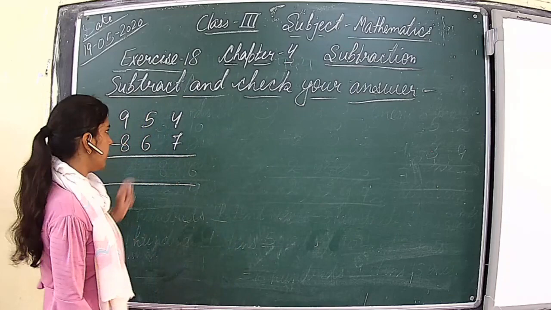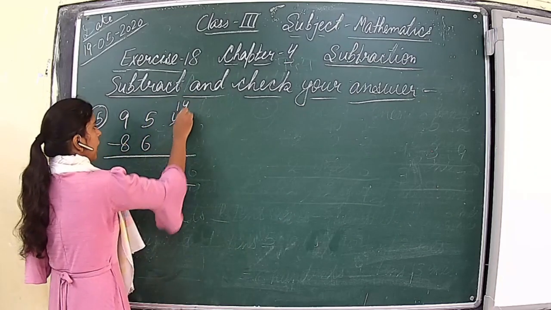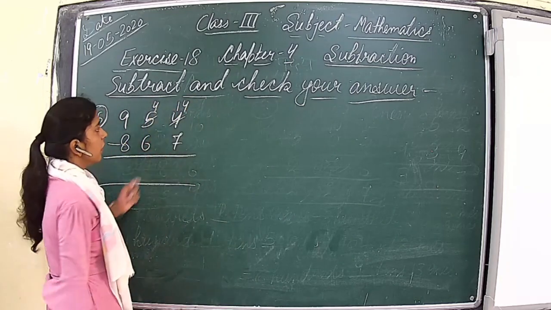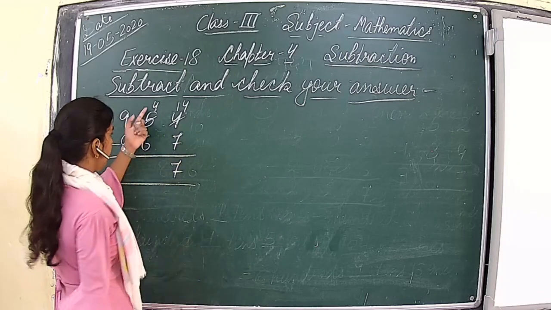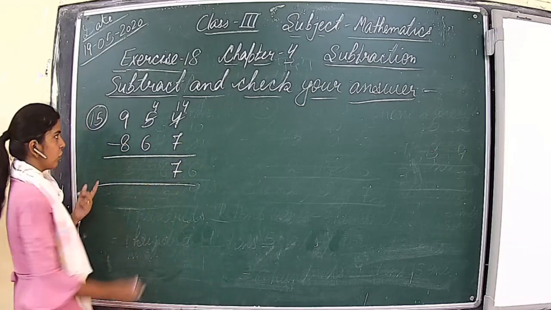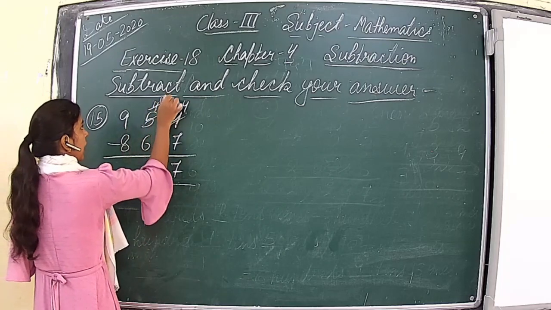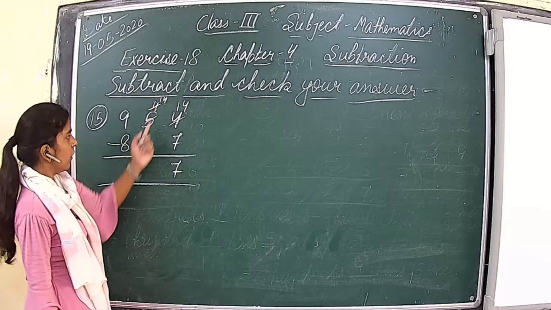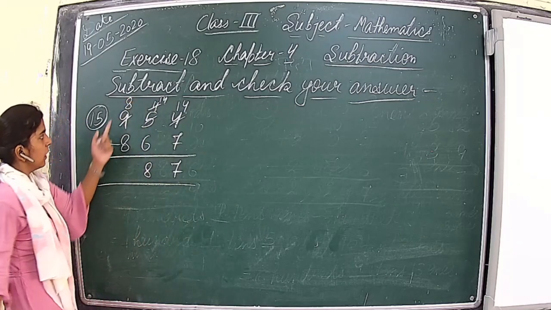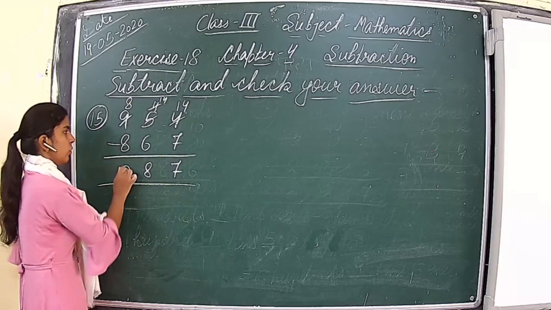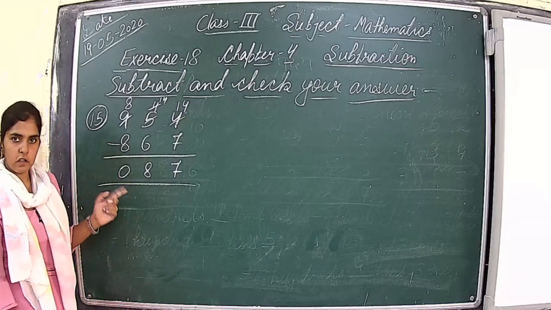So we will take one borrow and it will become 14 and this 5 will become 4. 14 minus 7 is equal to 7. 4 minus 6 is not possible, so it will take a borrow from him and this 4 will become 14. 14 minus 6, 8 and this 9 will become 8. 8 minus 8, 0.